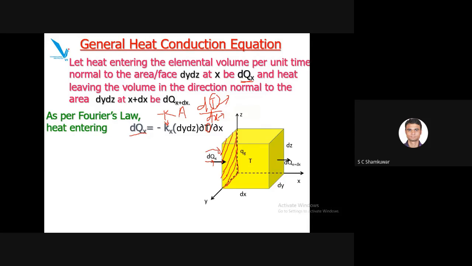This is our assumption: temperature T changes with direction as well as with time. So T is changing with x, y, z as well as time. Therefore it is a partial derivative, delta T by delta x. Understood? Any problem till now?